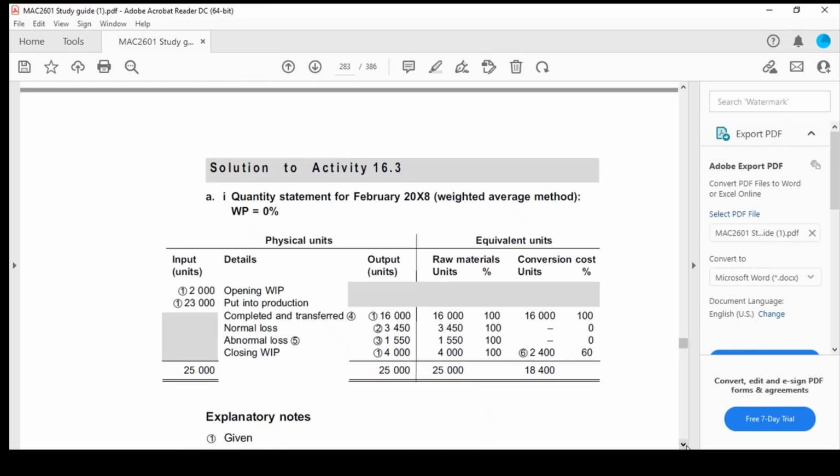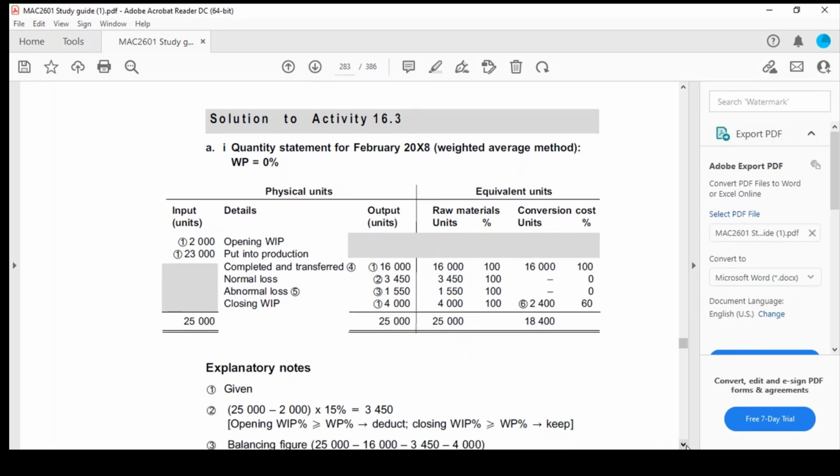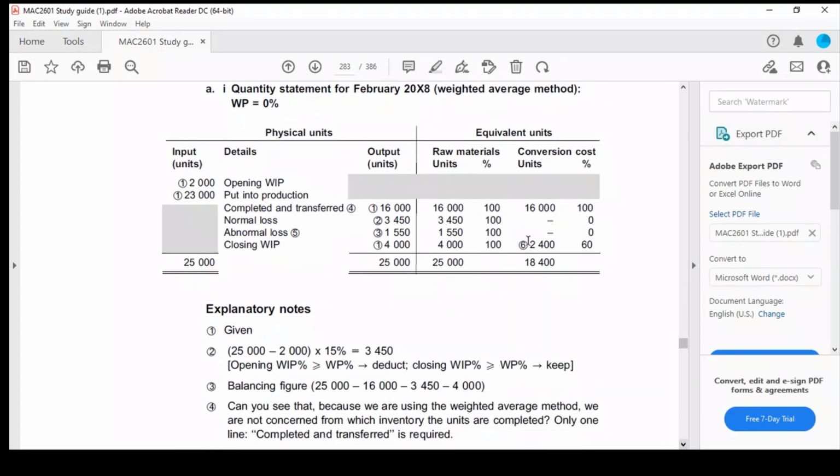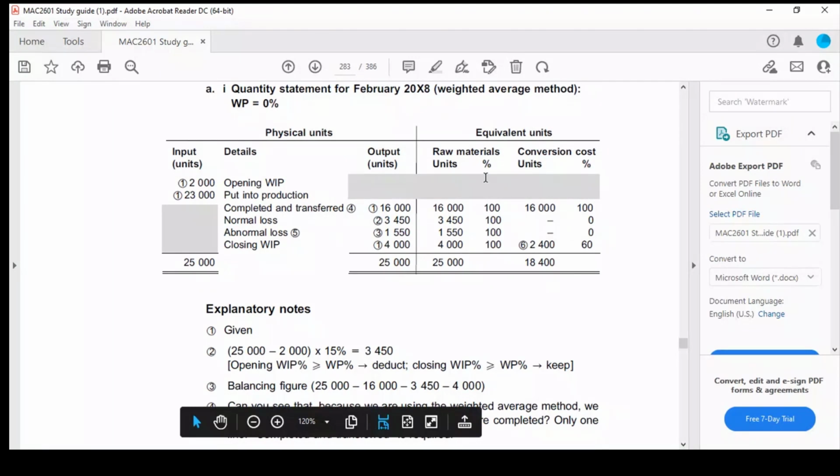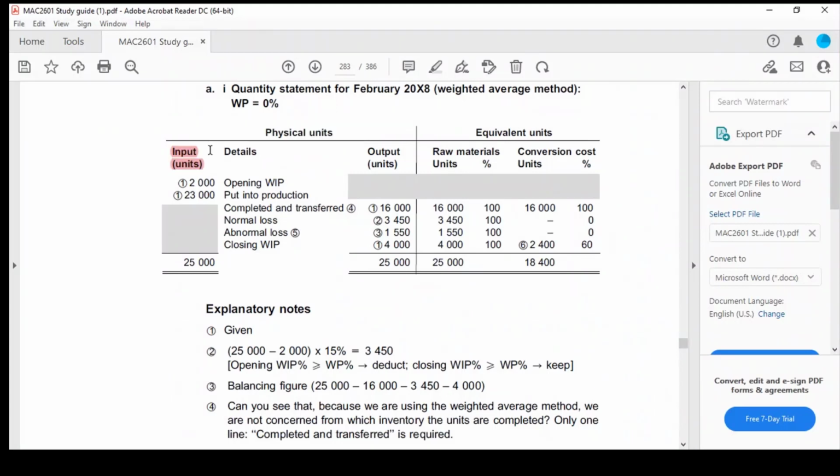That's 0%, your wastage point, but your normal loss calculation is 15% of units. So you start by saying, what did I start this process with? I've got my opening WIP, and then I've got what was put into production. So I've got 25,000. Your output, this is the weighted average, right?